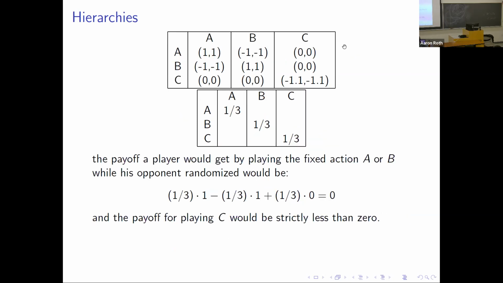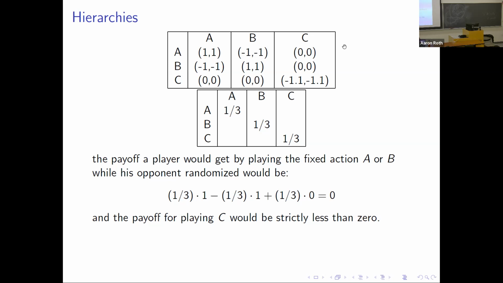If I compare that to how well I could do by opting out of the coordination, well, how well could I do? If I no longer have access to the coordination signal, it's not like I can say, okay, I'm going to follow the suggestion if it's A or B, but I won't if it's C, because I no longer see the suggestion. So really, the only thing I can do is play a fixed action or a fixed distribution over actions.